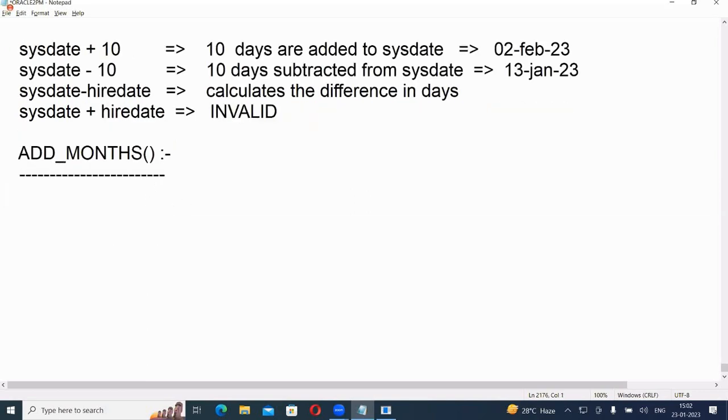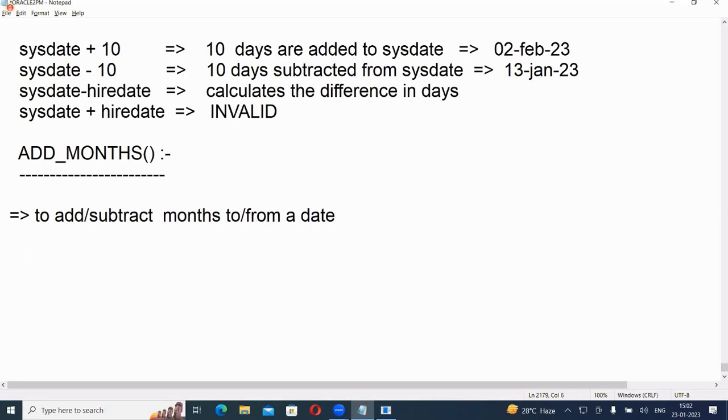The ADD_MONTHS function. What is it for? To add or subtract. The name is add, but you can add and you can subtract. Use it to add or subtract months to a date or from a date.